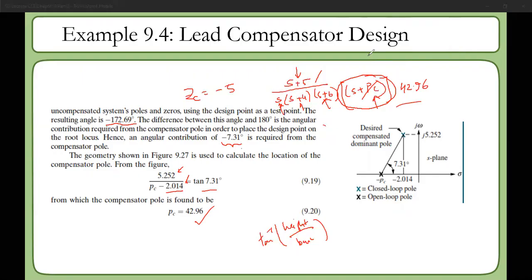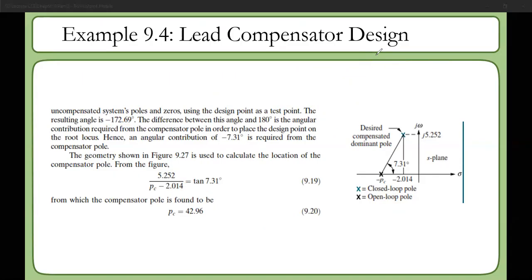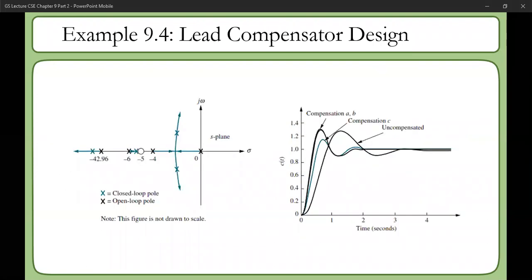Okay, so this is how your new root locus looks like. Now what we have is a pole here. The black ones are the open loop poles.